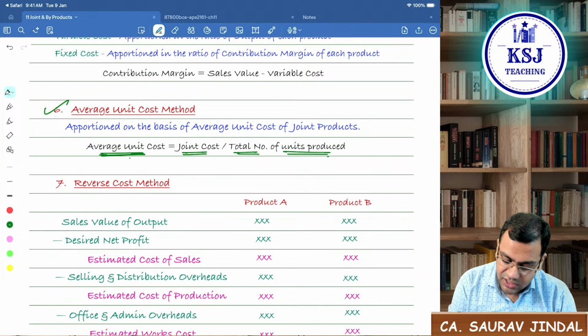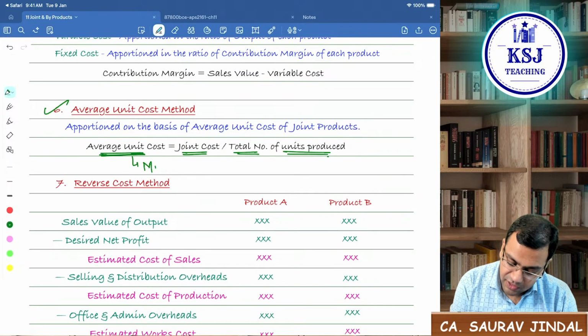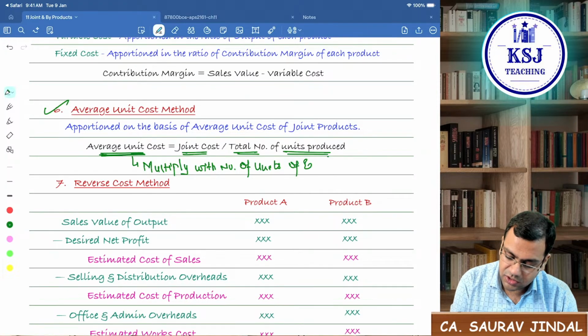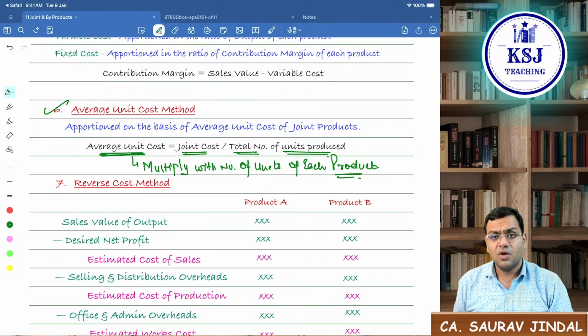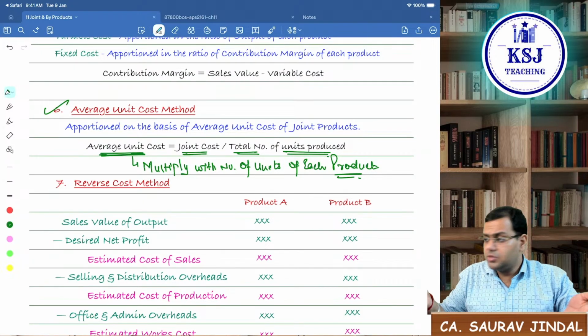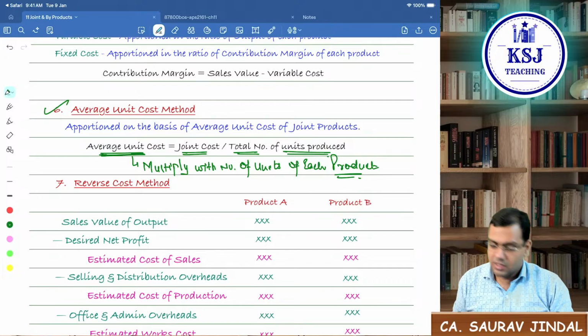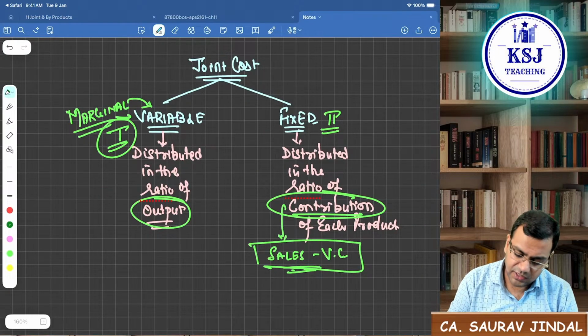Whatever average unit cost you get, multiply it with the number of units of each product. What you will get is your distribution of joint cost.